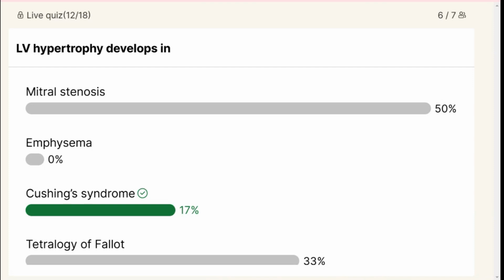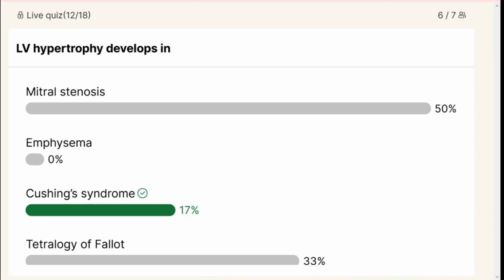And the other effect is that glucocorticoids have a permissive effect on catecholamines. And when that happens, you're going to have excessive action of catecholamines. So both of these contribute to increasing the systemic blood pressure, and that causes systemic hypertension, and therefore that leads to left ventricular hypertrophy as a compensatory mechanism.